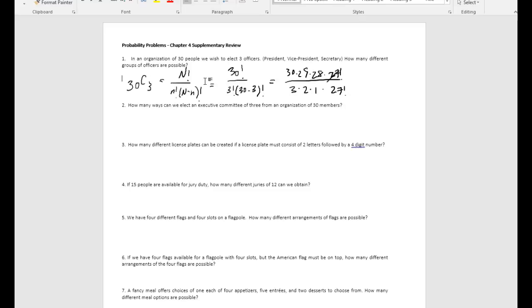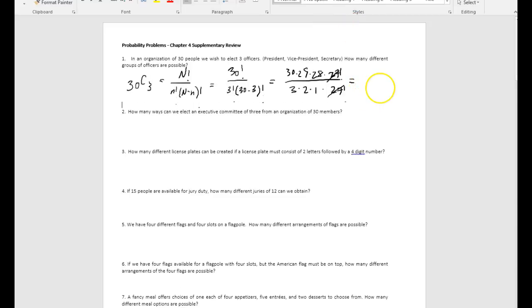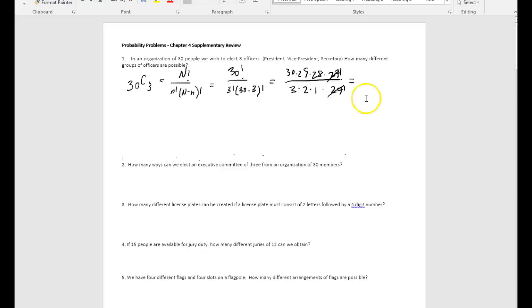We can cancel the 27 factorials, and then we just get 30 times 29 times 28, all over 3 times 2 times 1, which is going to be 24,360 all over 6, which shakes out to be 4,060.